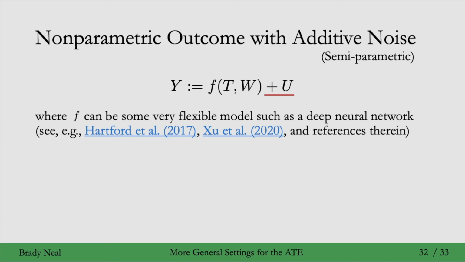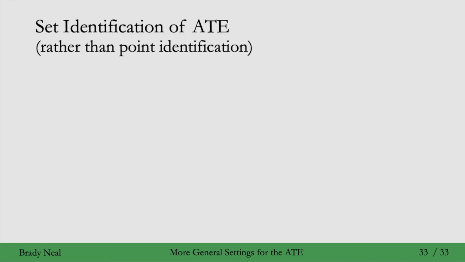Because these methods make this additive noise assumption, they're really semi-parametric. So even if this f part is non-parametric, they're adding this parametric assumption, the additive noise one, which makes the whole thing semi-parametric.